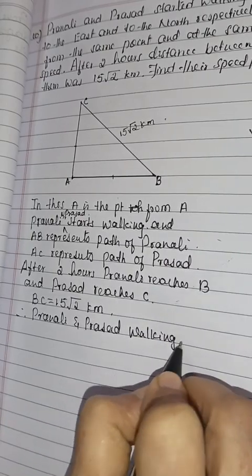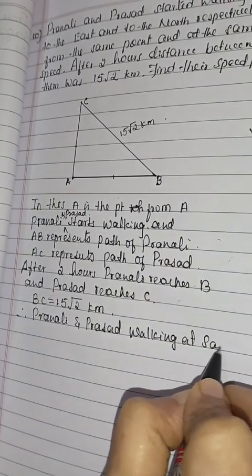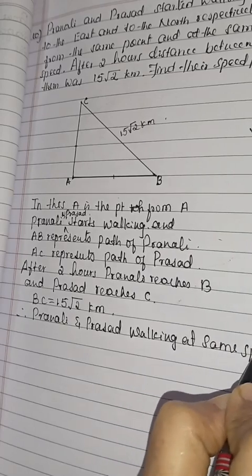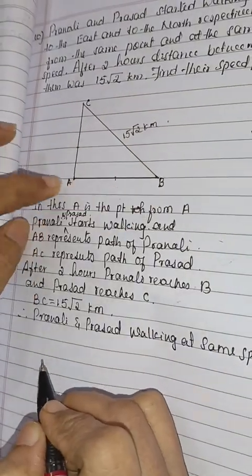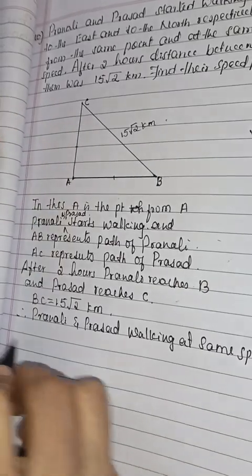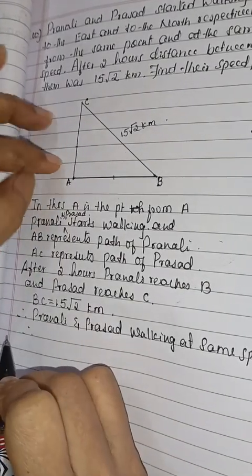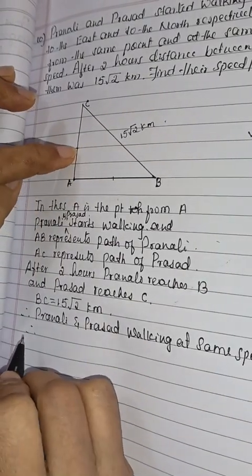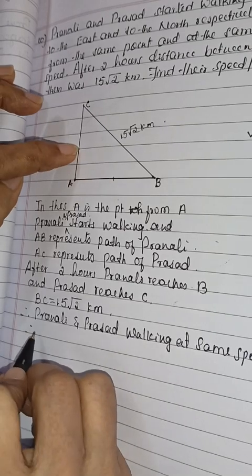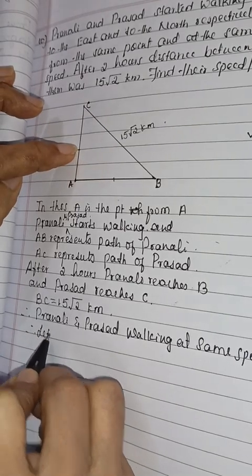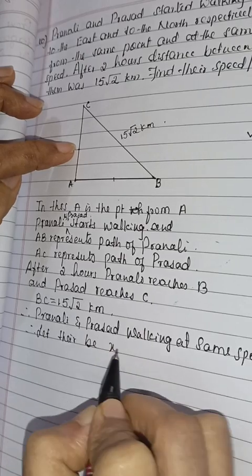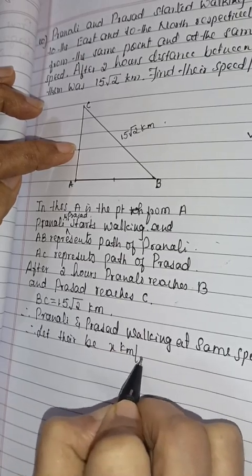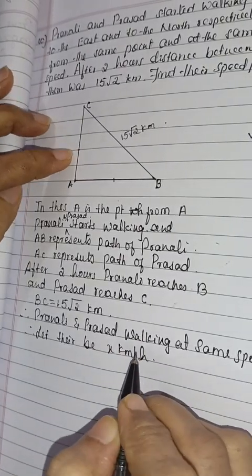Same speed, after 2 hours they reach B. Therefore let us assume that their speed be x. Let their speed be x kilometer per hour.